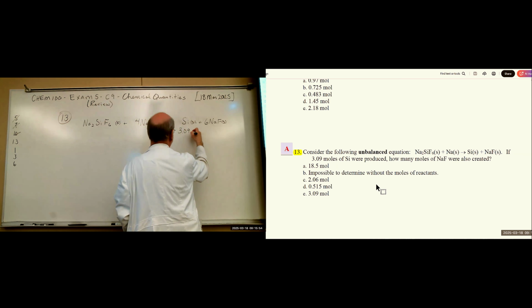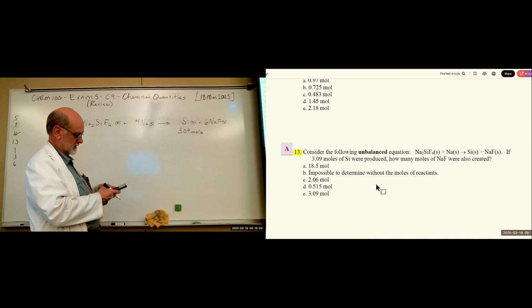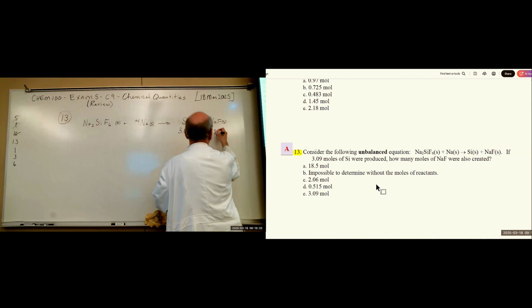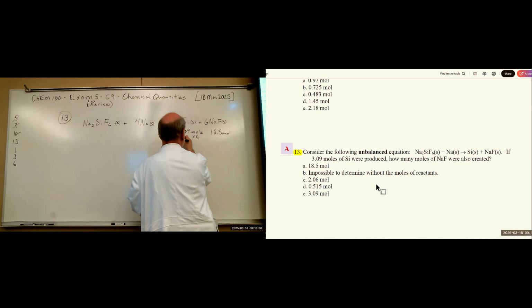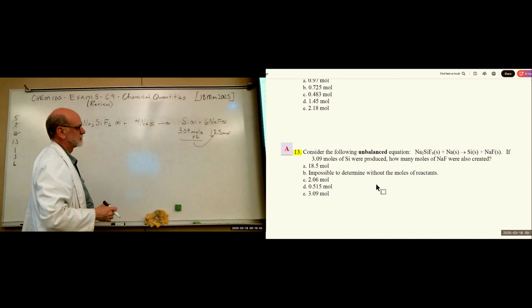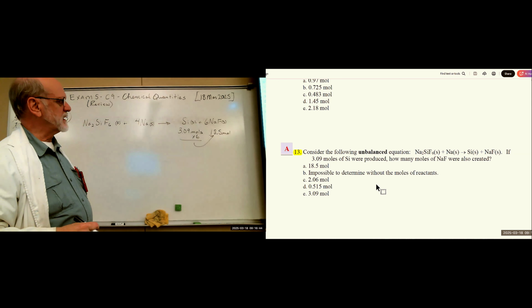Well, we can see the ratio is 6 to 1, so we should have 6 times as much sodium fluoride produced as silicon. Now you can set up your conversion factor if you want, but I'm just going to say 3.09 times 6, and that should be 18.5. Right? Because this is times 6. And that would be A would be our answer.